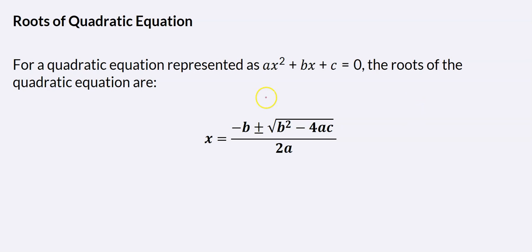So here's what the formula looks like. This is the quadratic formula. So it's x equal to minus b plus or minus the square root of b squared minus 4ac, divided by 2a. You can see that all we're working with here are simply the coefficients of the algebraic terms and the constant value a, b, and c.